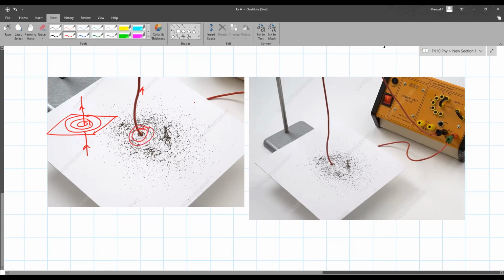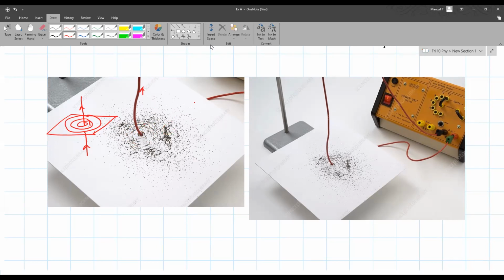These iron filings, which are forming the circle, form lines which are closer, more dense. That indicates that if there are more concentric circles, denser, closer to the wire, the field is stronger. And as you move away from the wire, the strength will be less.